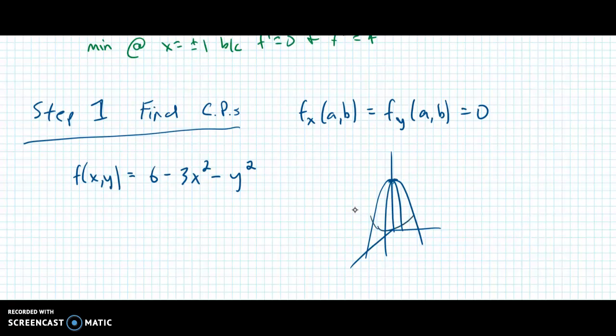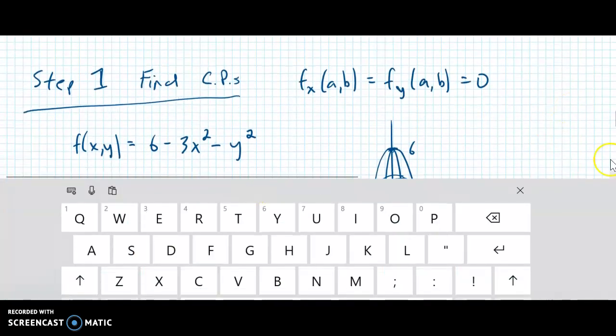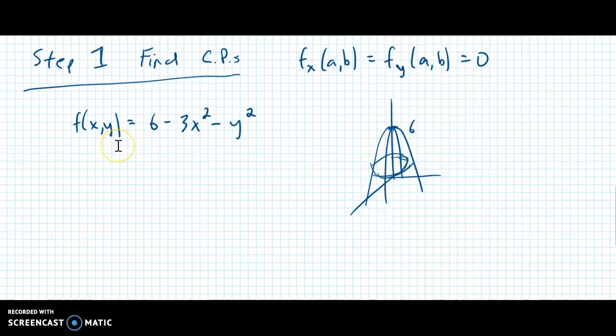So it would not be circular, that would be an ellipse right there, but that's what this thing looks like, and it hits at 6, right? So we know this thing has a max at that spot just because of what we intuitively know about this shape. But let's find the critical point. So I find f sub x.